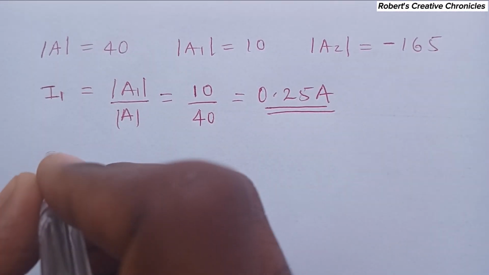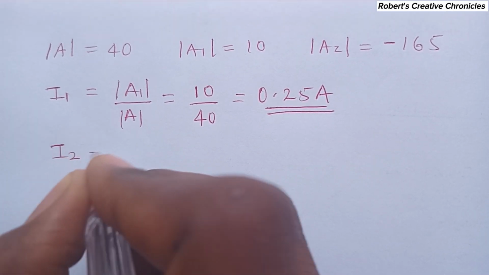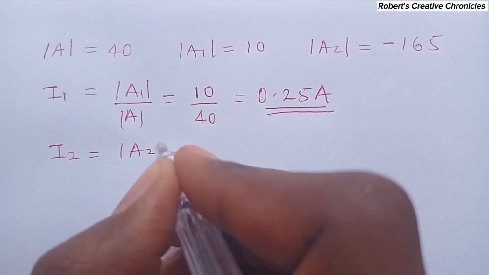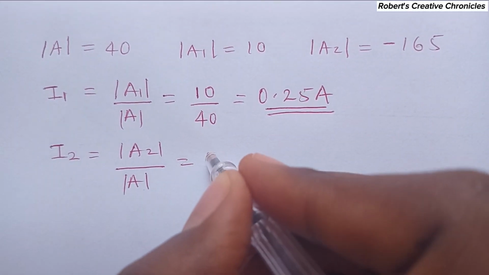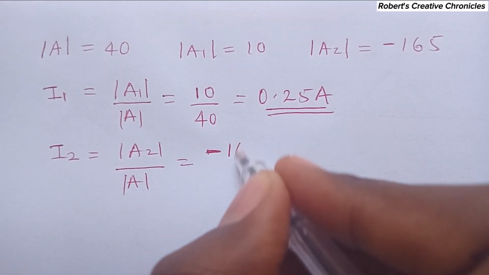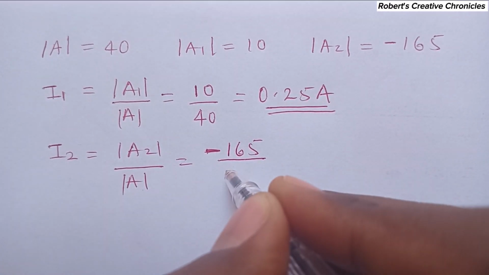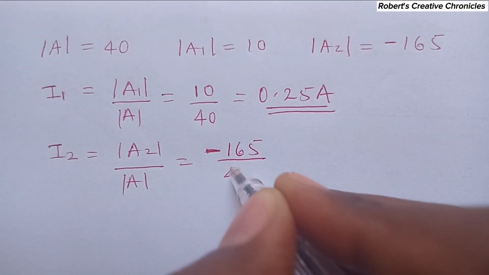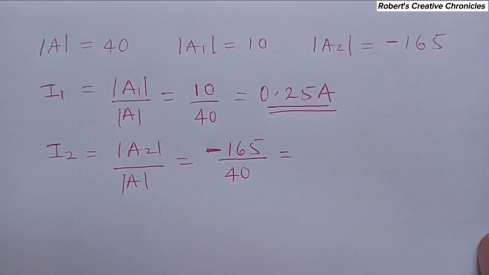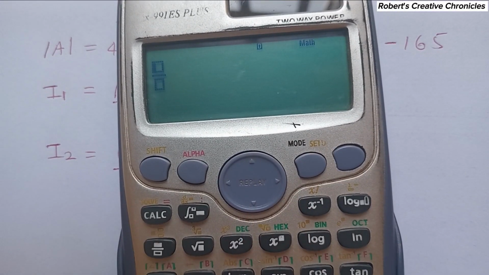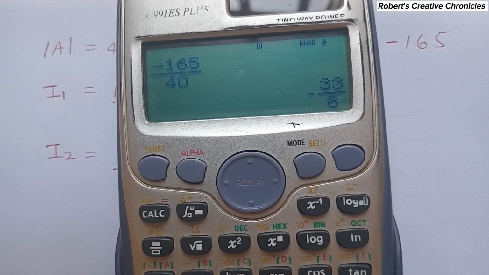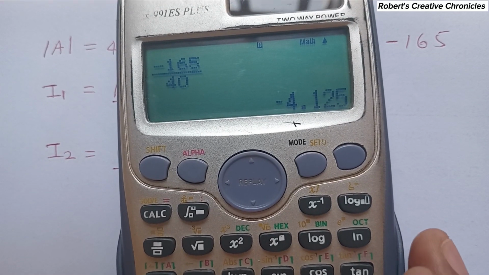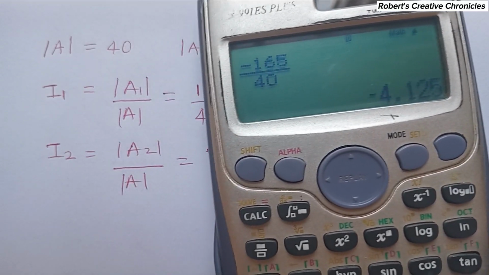And the second one, I2, is negative 165 over 40, which is negative 4.125 ampere.